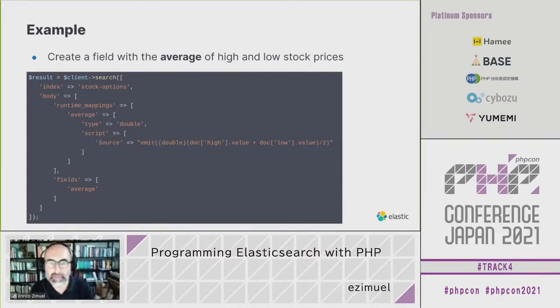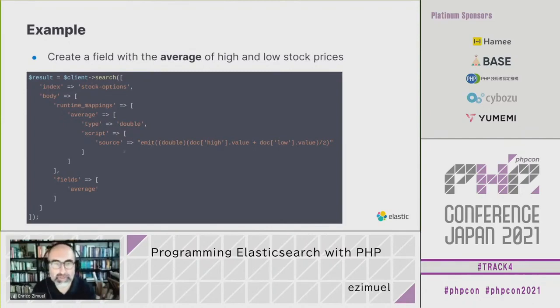In this case, the script has a source, so this is the source of the script. Emit means echo, so print the information. And as you can see here, we're just getting from the doc. Doc is the document itself. The index is the name of the fields that we want to take. We want to take the value and provide the average. By definition, the average is the sum of the high and low divided by 2.